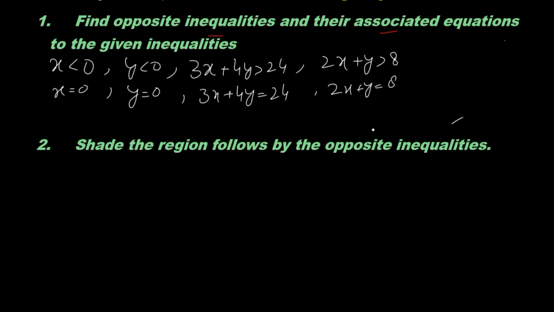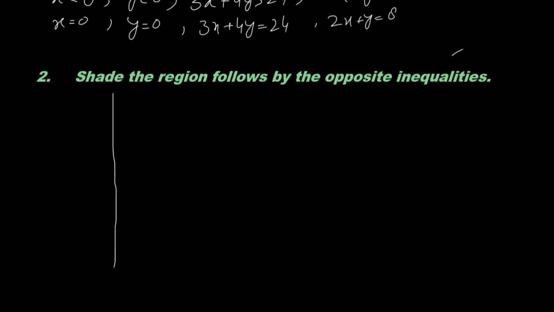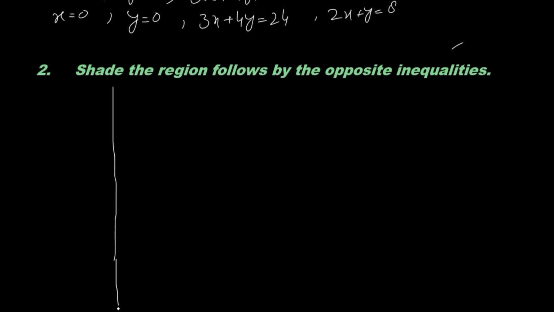Now we will shade the region that is followed by these opposite inequalities. So firstly we draw the x-axis and y-axis here. So this is the origin, this is my y-axis, and this is my x-axis.